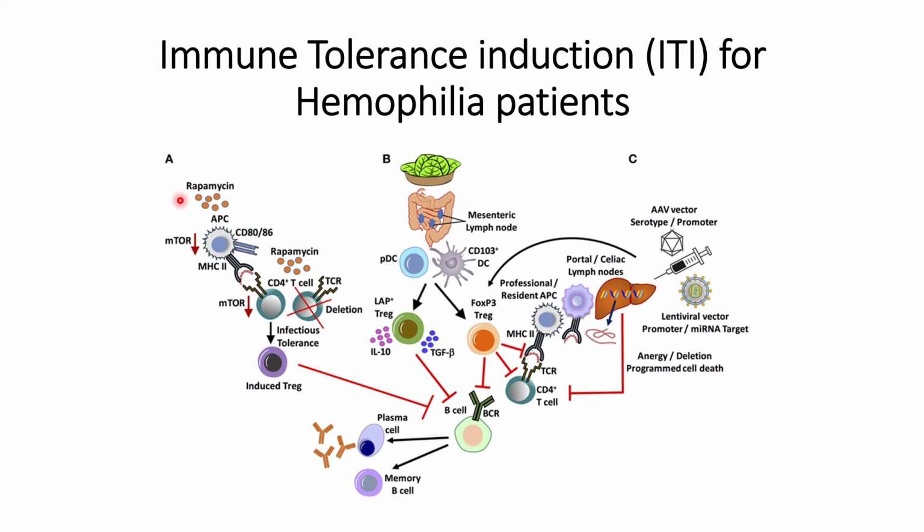However, in the case of rapamycin, which decreases the mTOR pathway, CD4 plus cells will only receive one kind of signaling, that is about the antigen. They will not get enough mTOR signals to convert CD4 plus cells into CD4 plus effector cells, and this leads to the apoptosis of CD4 plus cells.